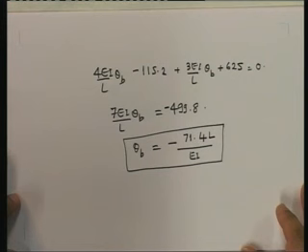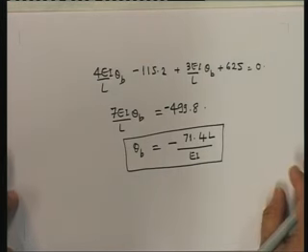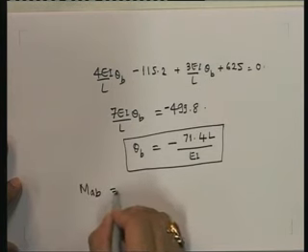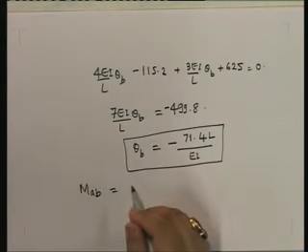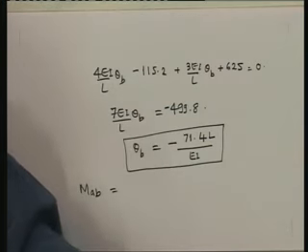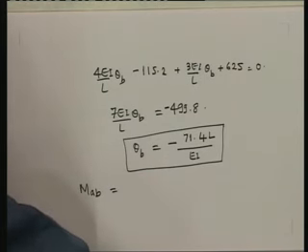Okay, once I have my theta B, I substitute it into my equations and I get MAB. You will see that MAB is equal to 27.2 kilonewton meter.